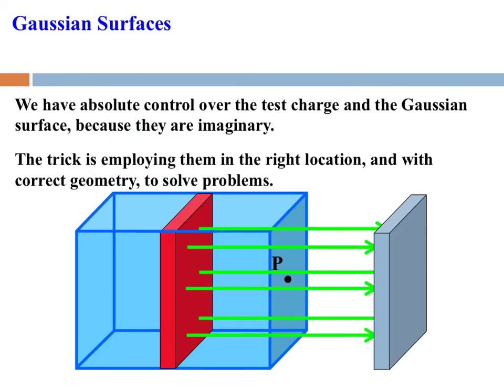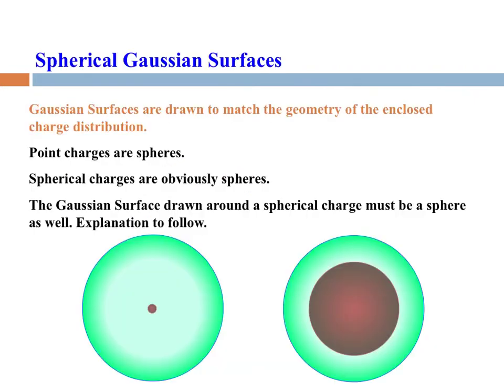Again, because the Gaussian surfaces aren't real, you can use them any which way that you'd like. The point of this, or the trick, is to employ them correctly in the right location with the correct geometry to help you solve these problems. So let's say you're looking at point charges, which are spheres. Then you're going to want to use a Gaussian surface that's a sphere.